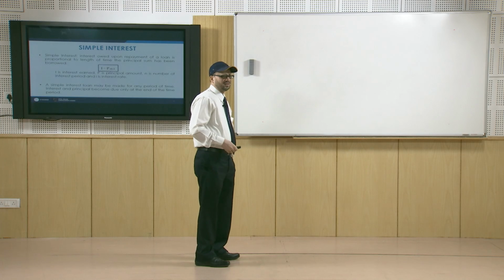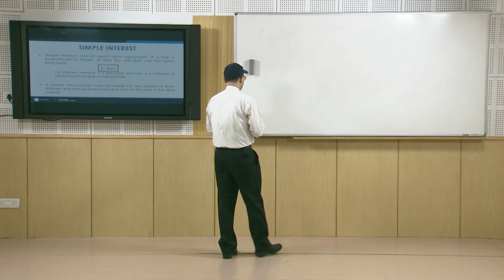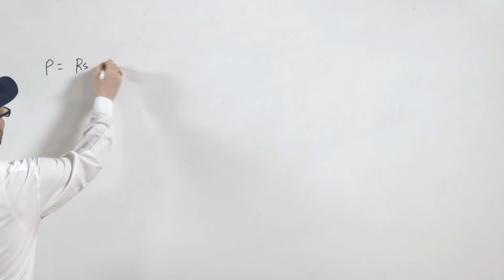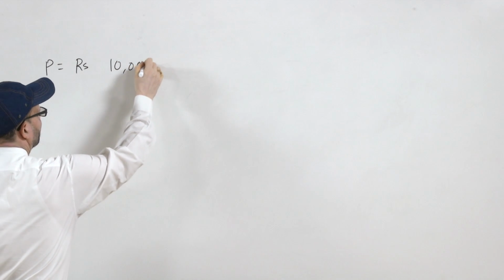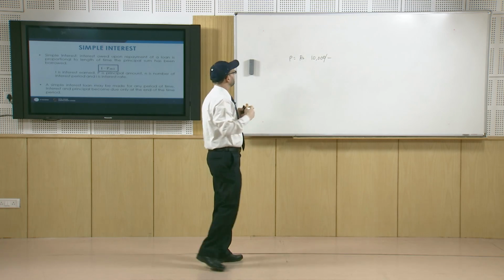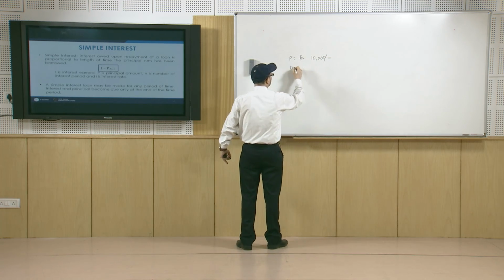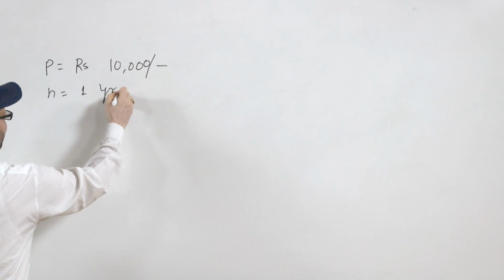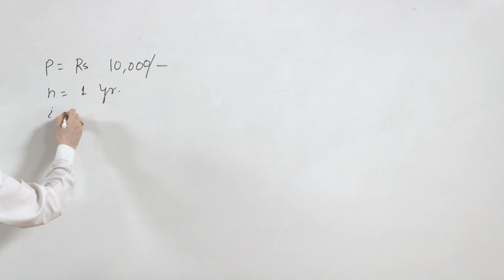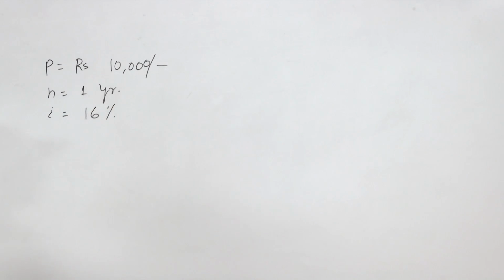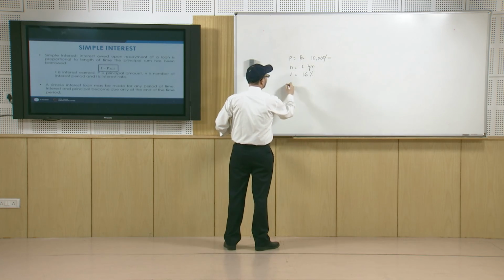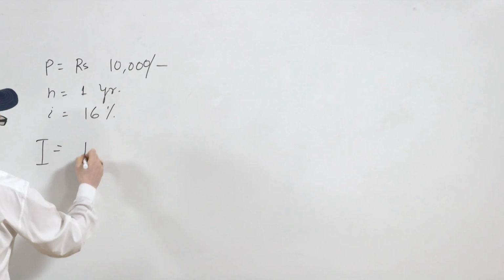Suppose a person is lending 10,000 rupees as P to a borrower, and he is lending it for 1 year, so N is 1 year, and the interest rate for the 1 year is 16%. In that case the interest amount can be calculated by this formula. So I will be equal to P into N into i.